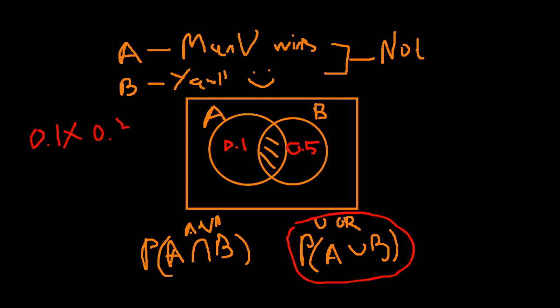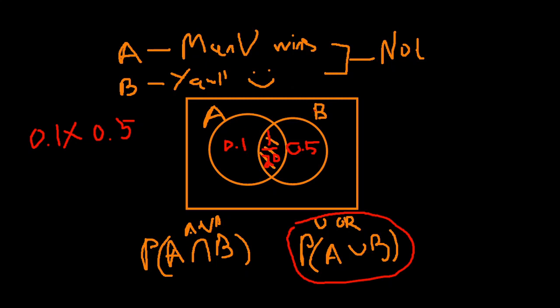They both have to happen. That's from probability. And I'm just going to write a fraction. That's 1 over 20.